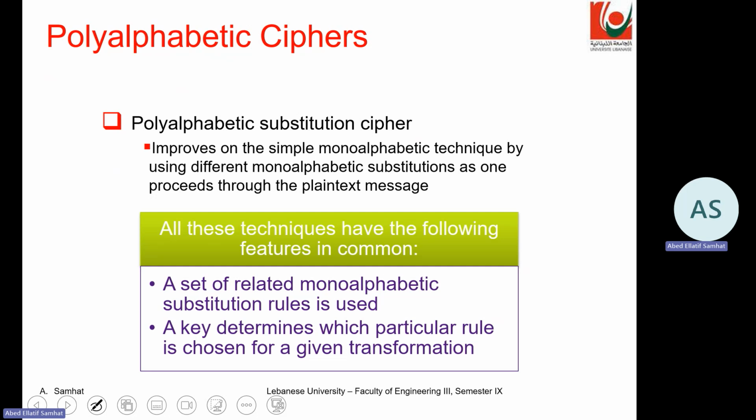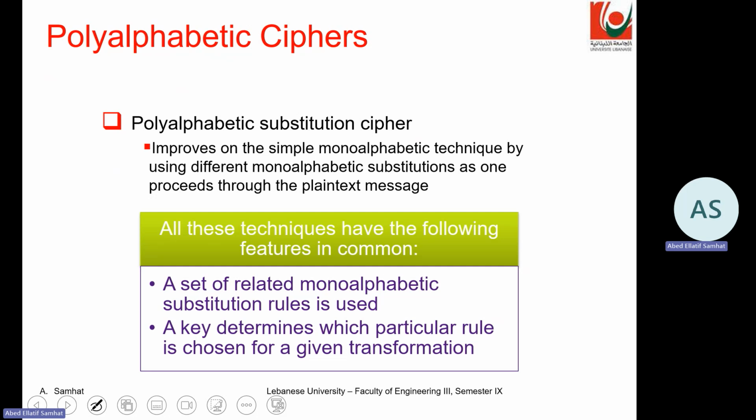For example, in Playfair we used the key monarchy, and after that we built the 5 by 5 matrix. In Hill cipher, we are using a 3 by 3 key matrix. It is also possible to have another matrix, 4 by 4 or 5 by 5, and so on.